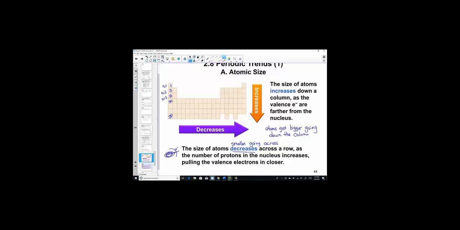The opposite charges are pulling it closer, and atoms actually get smaller going across. Think of the trend this way as well. The tiniest nonmetal is fluorine. The massively large cesium, francium, atoms get smallest as you head towards fluorine. Atoms get biggest as you go down to the bottom left.